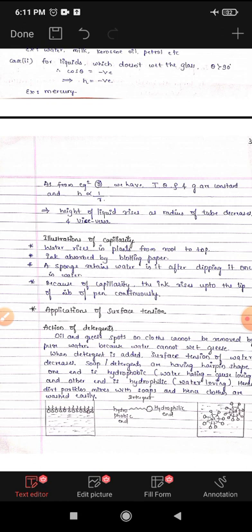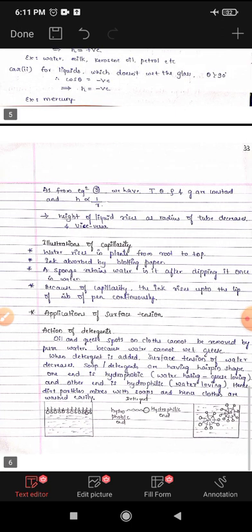And next we have the applications of surface tension. For our syllabus we have the action of detergents. We know the detergents. When the clothes are dirty, meaning when they have oil and grease spots on them, those are not easily removed by pure water.